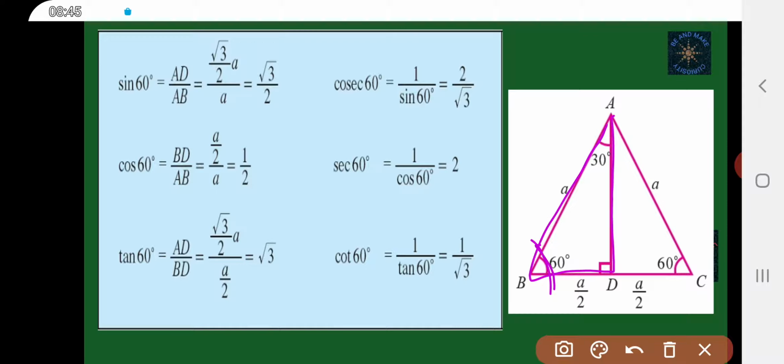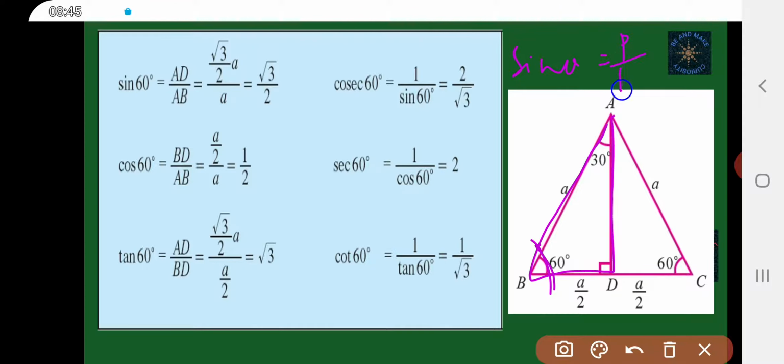Now we have to find sin 60 degree, cos 60 degree, tan 60 degree, cosec 60 degree, sec 60 degree, and cot 60 degree. So you know that sin theta is equal to what?